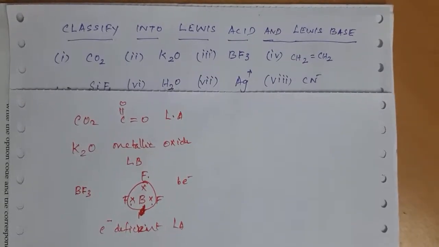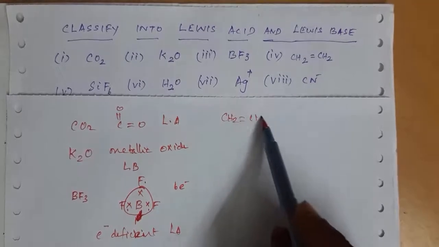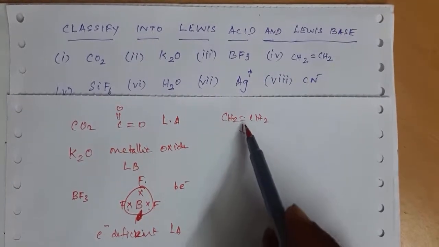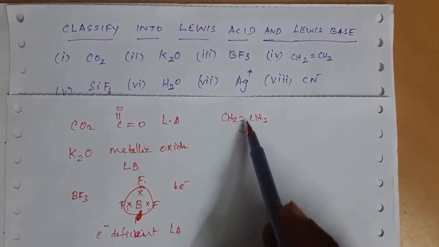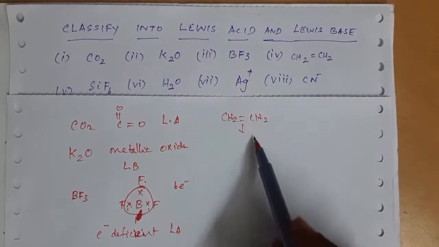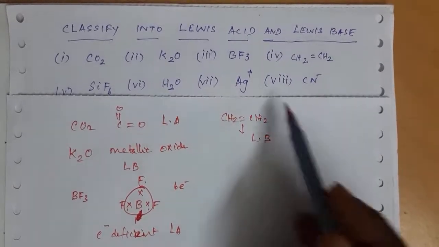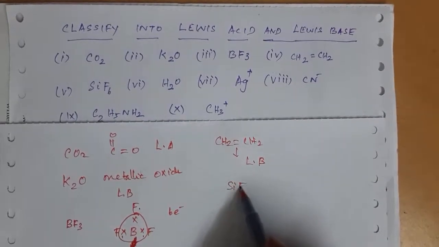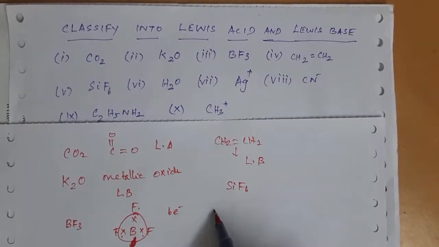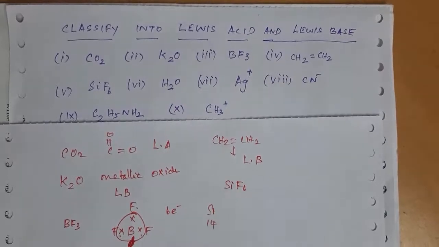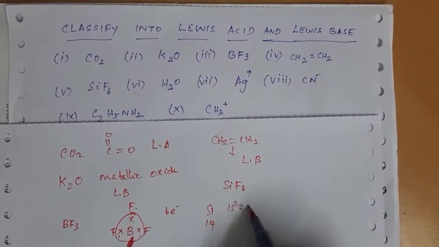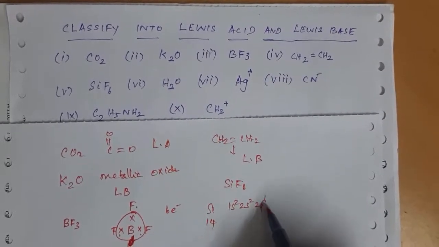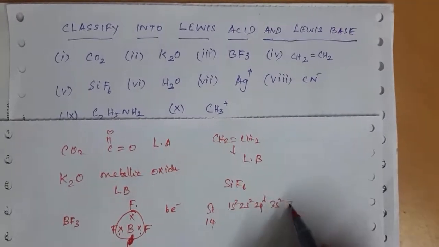Next one, ethylene, CH2 double bond CH2. Ethylene has a non-polar double bond, and organic compounds containing multiple bonds behave as Lewis bases, as they donate a pair of electrons to other species. Then silicon hexafluoride. Silicon has atomic number 14, so the electronic configuration is 1s2, 2s2, 2p6, 3s2, 3p2.